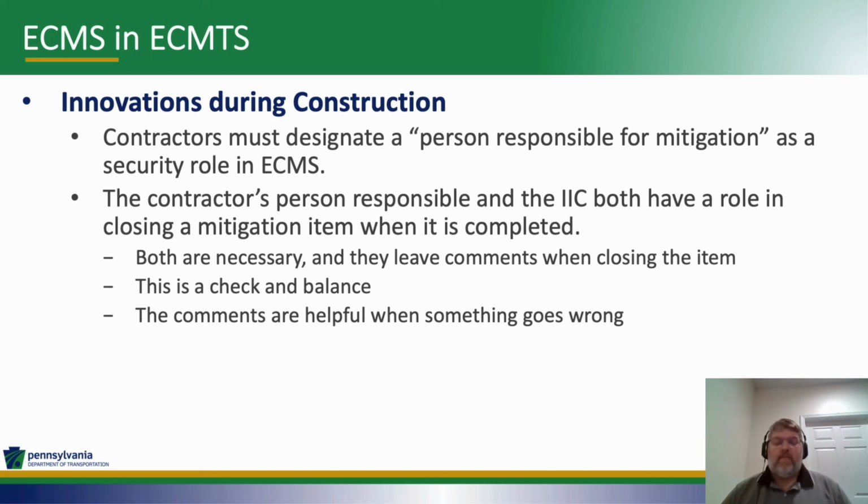That person then also adds a comment, and at that point, the designation switches from active to closed on the mitigation item. This is a check and a balance, and this takes the place of the signature sheet that I showed earlier.